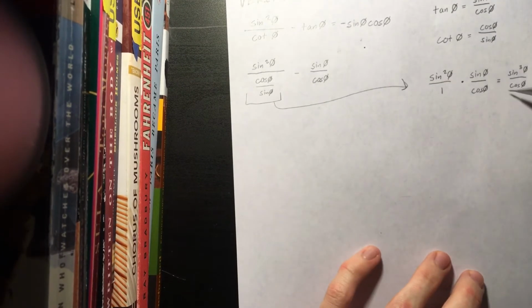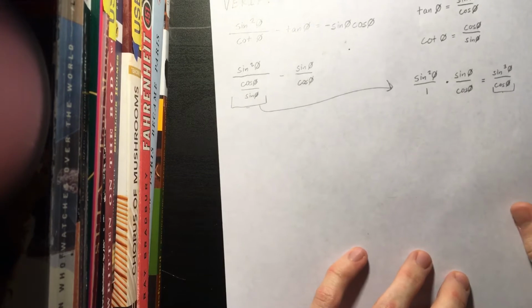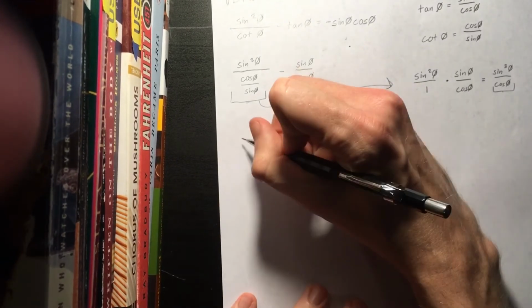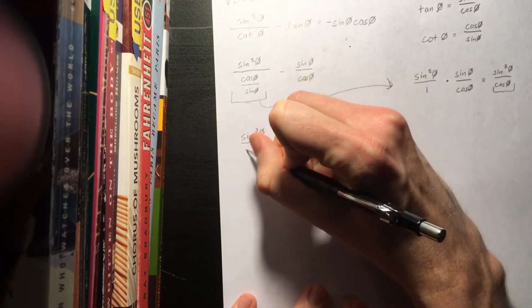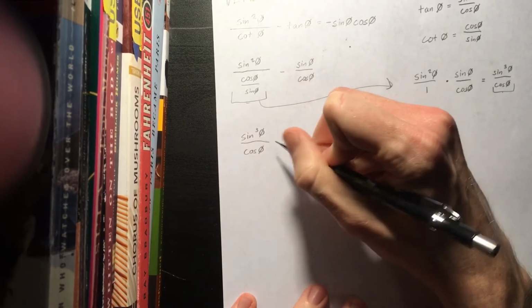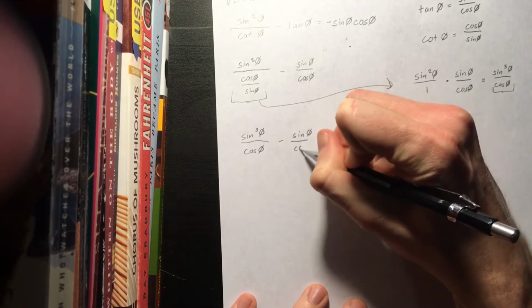So let's rewrite this part in. This part and this part are the same at this point; I just simplified it a little bit. So let's rewrite it: sine cubed theta over cosine of theta minus sine theta over cosine of theta.